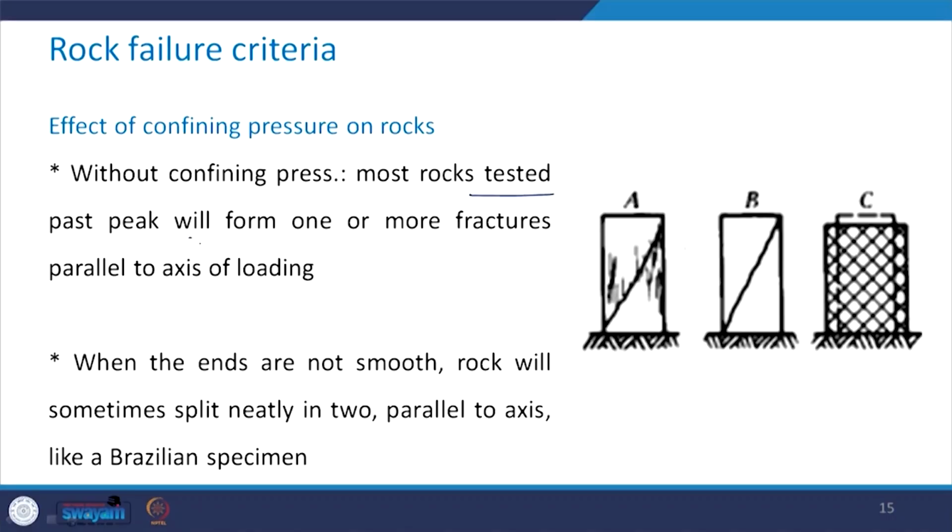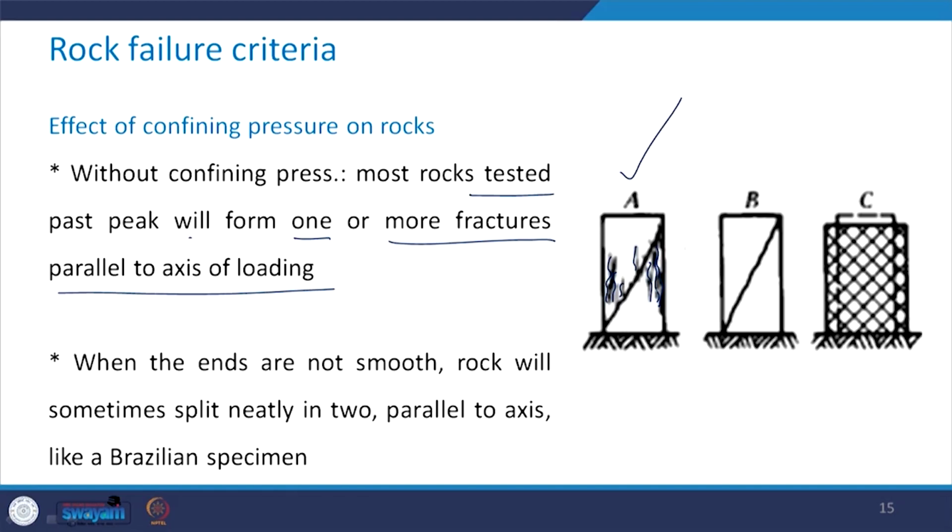Now without the confining pressure, when we test the rocks, most of the rocks show one or more fractures parallel to the axis of loading. Take a look here. You have these fracture planes more or less parallel to the axis of loading.